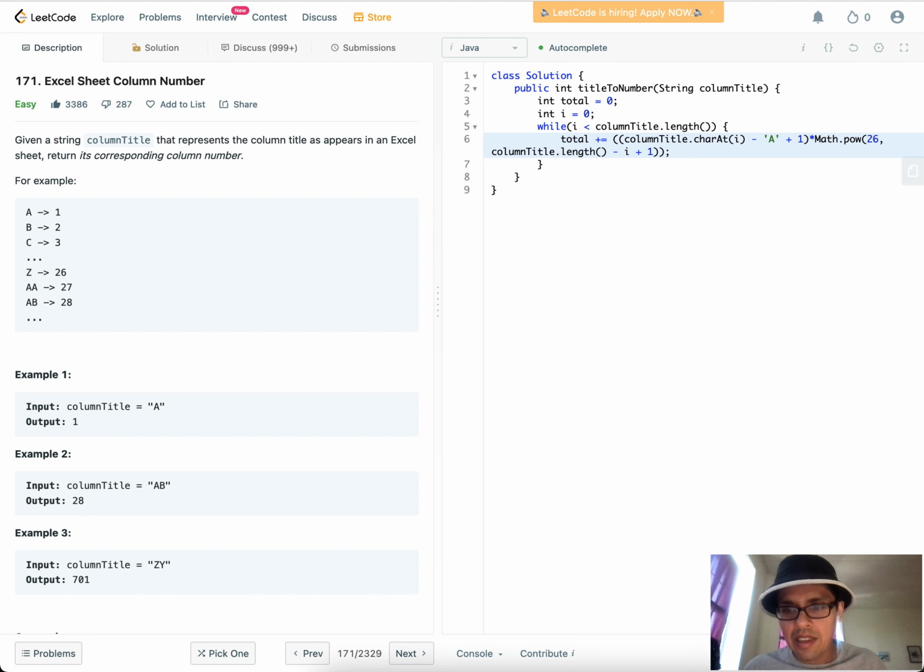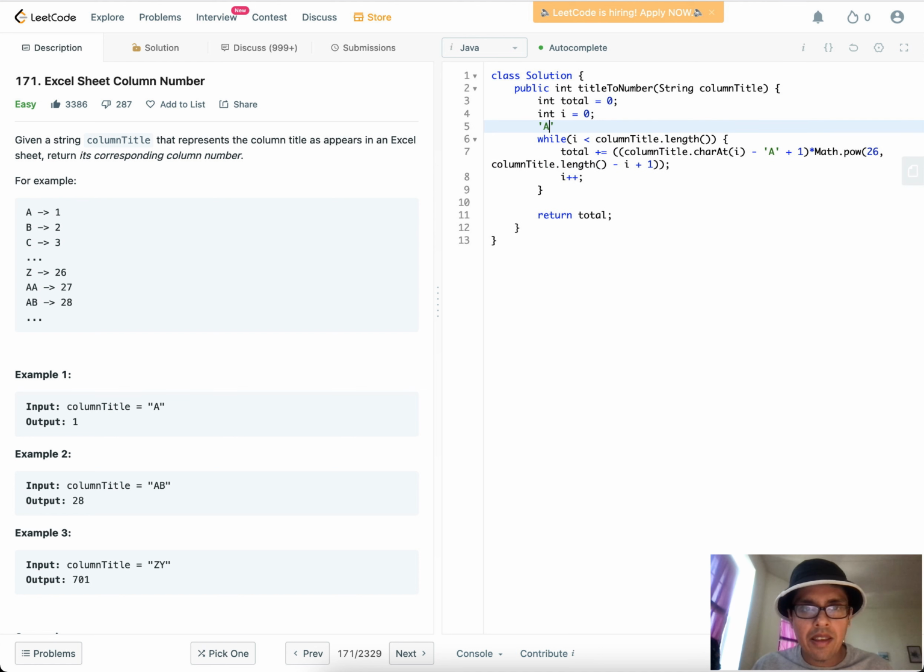Now that looks a little scary, but trust me, it's not that bad. Total. Okay, what am I doing here? Remember I said, what is A minus A? A minus A is 0. Okay, so that's how you convert.